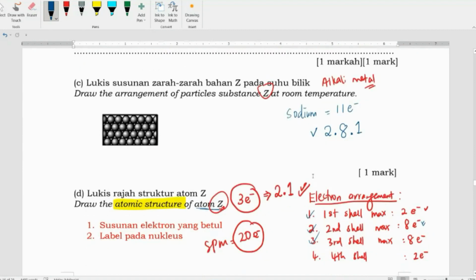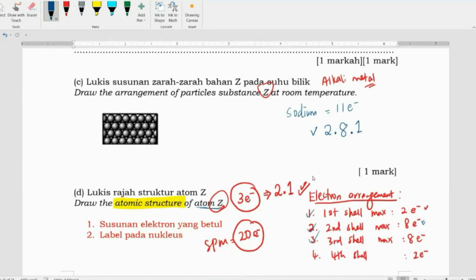Now Jonathan, I would like to ask you. We try another one, let's say calcium. Calcium has 20 electrons. Jonathan, what is the electron arrangement?